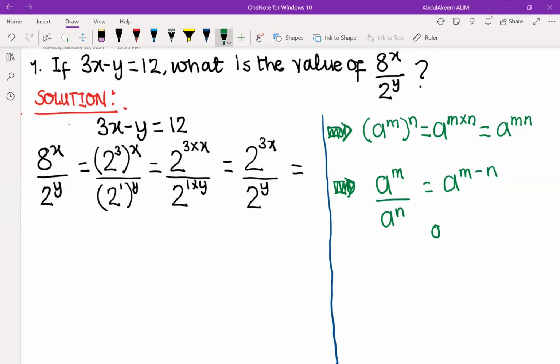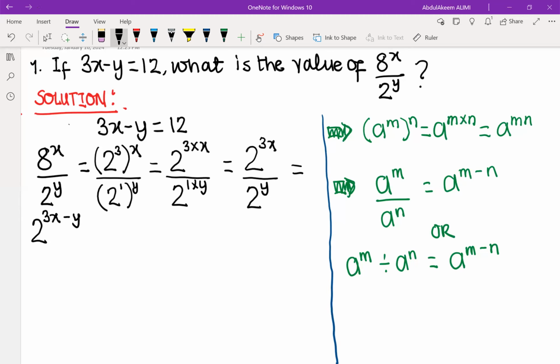If I apply the same thing here, they have a common base, which is 2 and 2 from the question, and from the law, a and a. So this now becomes 2 raised to power 3x minus y. So I've been able to solve 8 raised to power x divided by 2 raised to power y to become 2 raised to power 3x minus y.